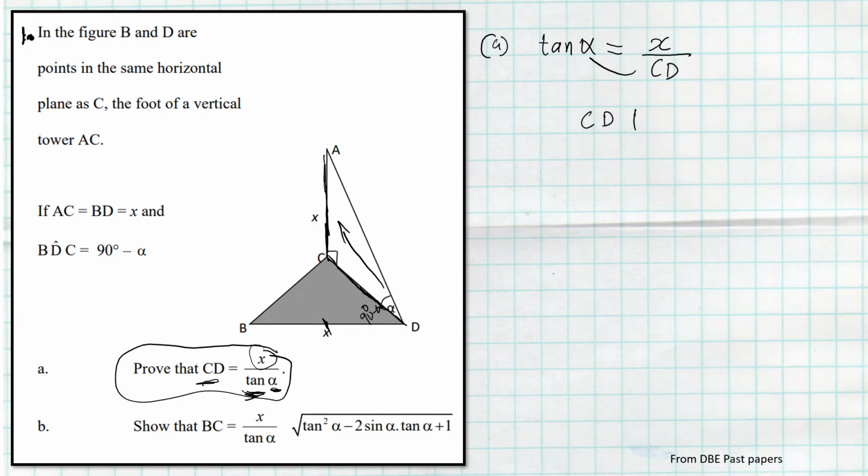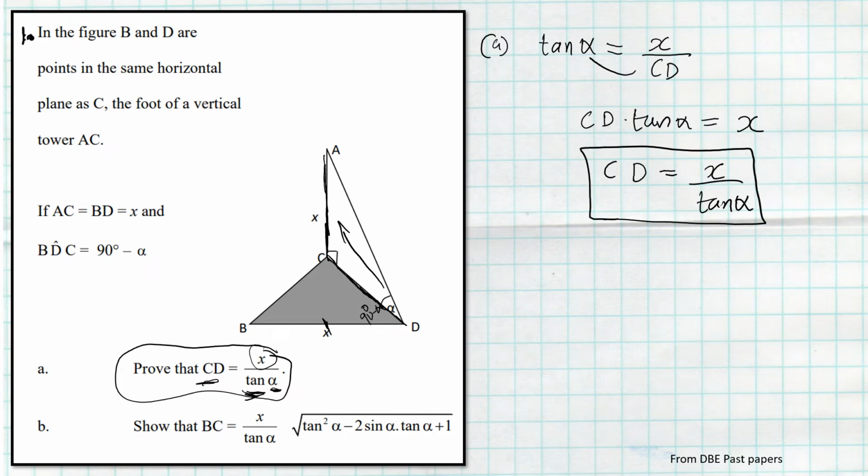So it will be CD multiplied by tan alpha is equal to X. So to solve for CD, what do we do? We divide both sides by tan alpha. So when we divide both sides by tan alpha, that is our final answer there. CD is equal to X over tan alpha, and you have just proven that. So this first question is really quite easy to solve. Okay, let's go to B.